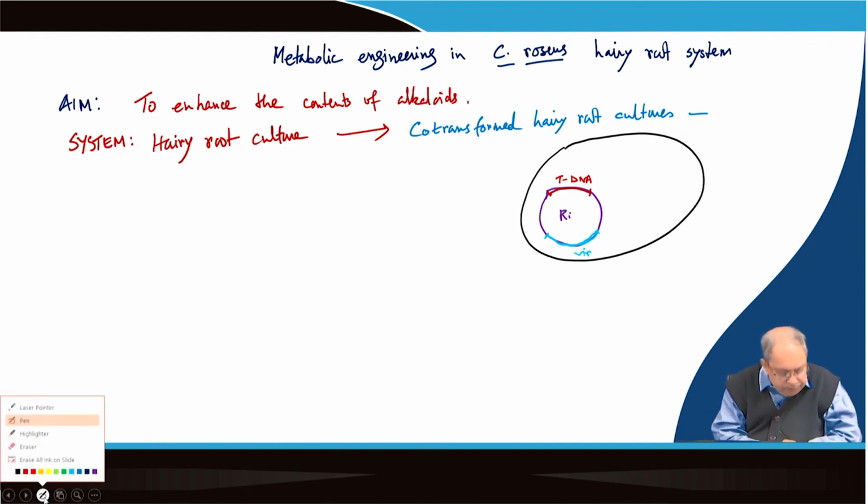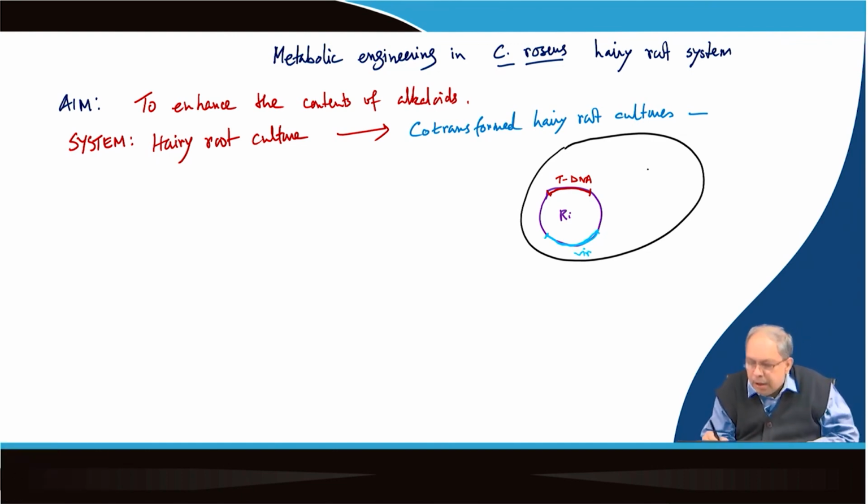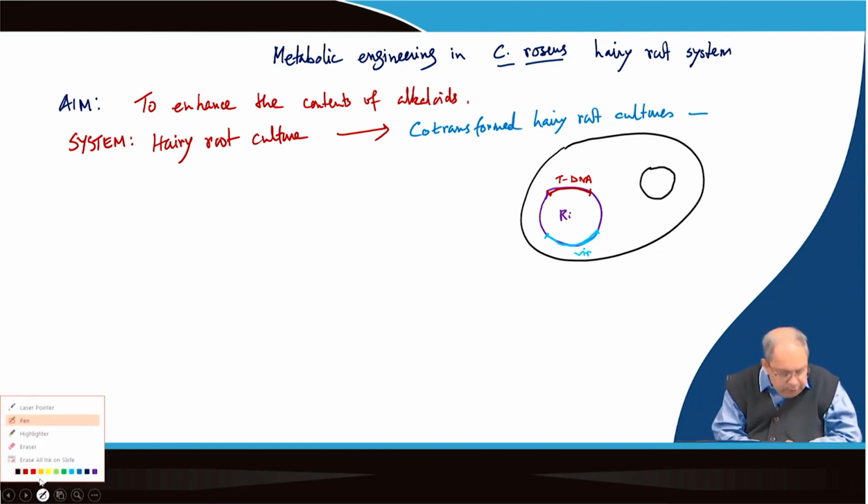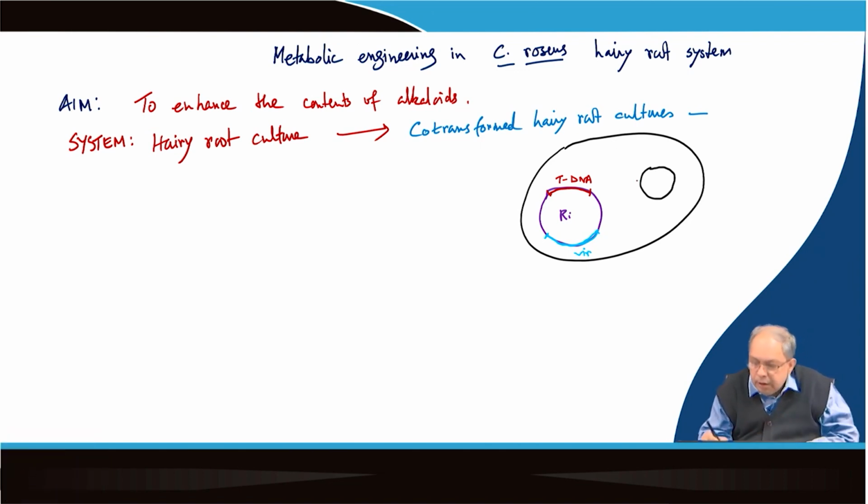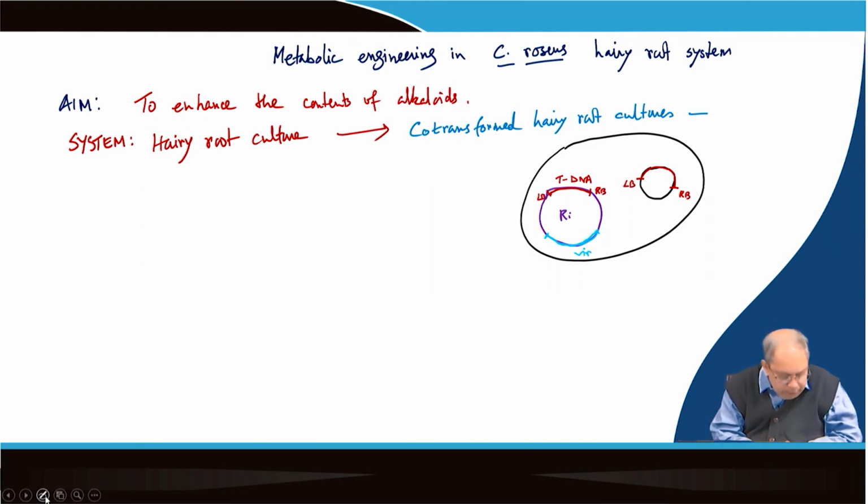So, here a recombinant plasmid has to be incorporated, which contains the synthetic tDNA construct having the border sequence, and here you insert the gene or genes of interest.